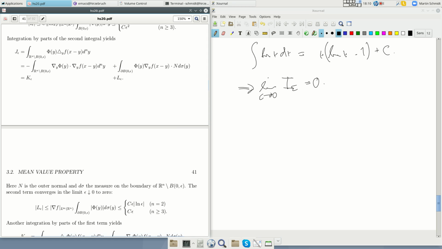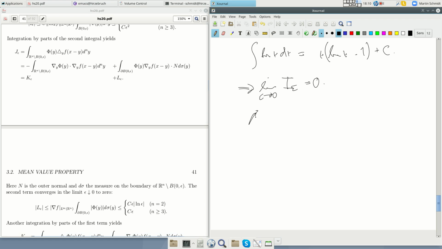Because clearly here, if we take the second derivative in x of f of x minus y, its second derivative is the same as if we take the second derivative with respect to y.